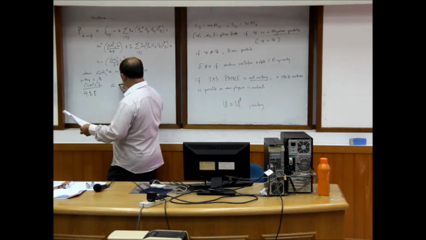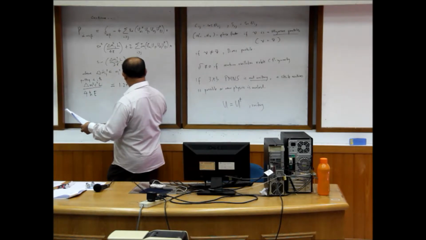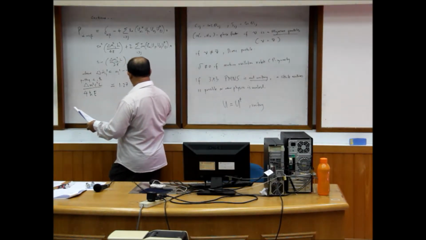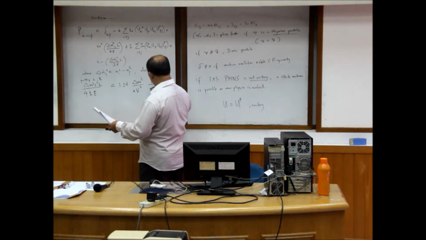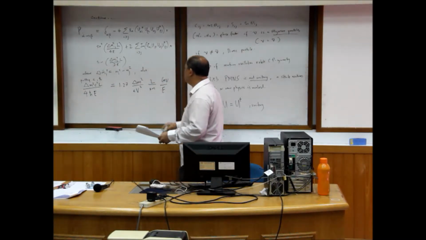So this is actually equal to 1.27 delta M square, which is in eV square, L which is in kilometer, and E, the energy, in GeV.